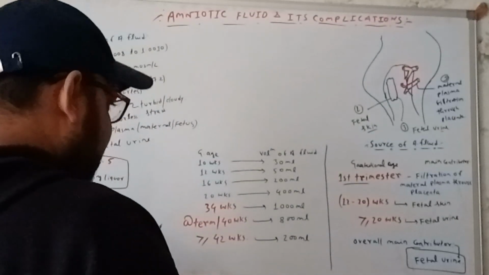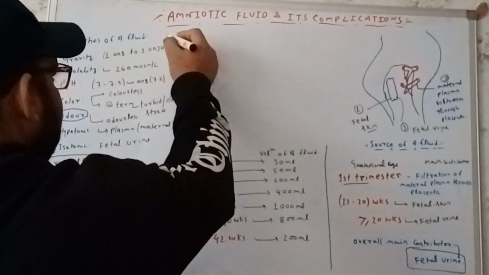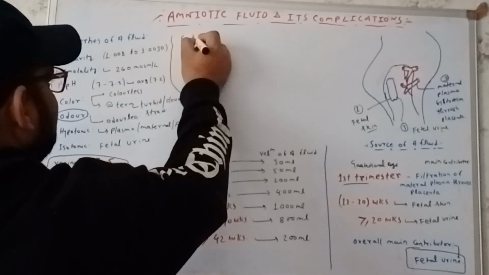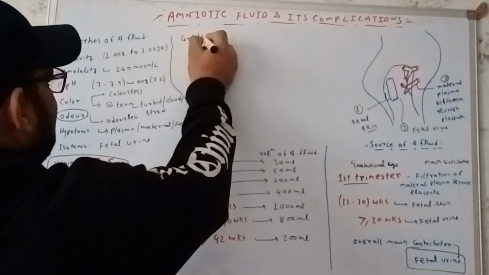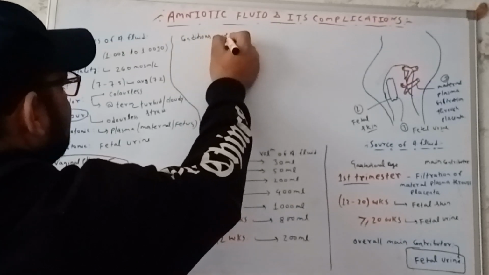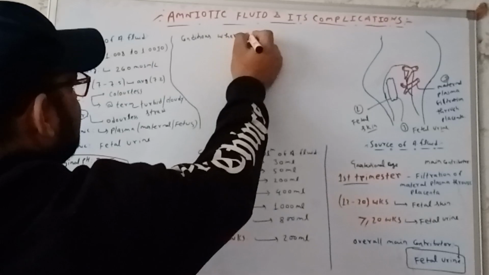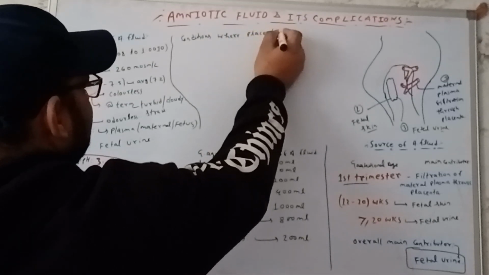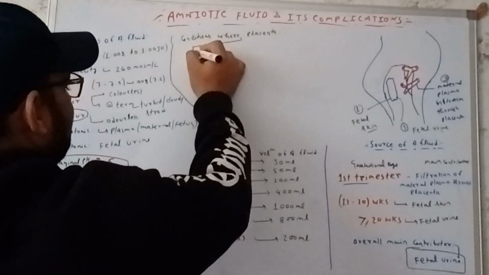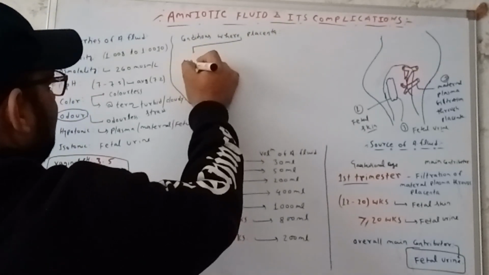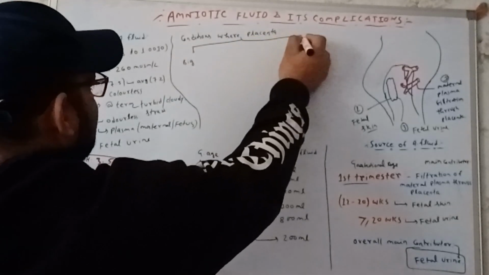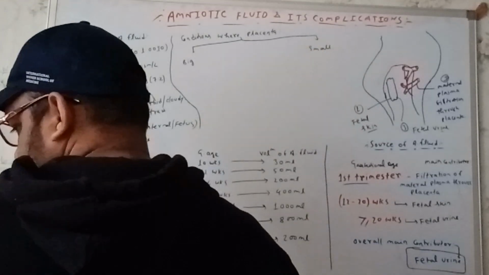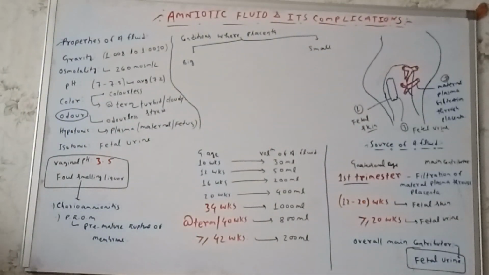So let me write it over here: the conditions where the placenta is, in one part I will write big, in another part I will write small, right?